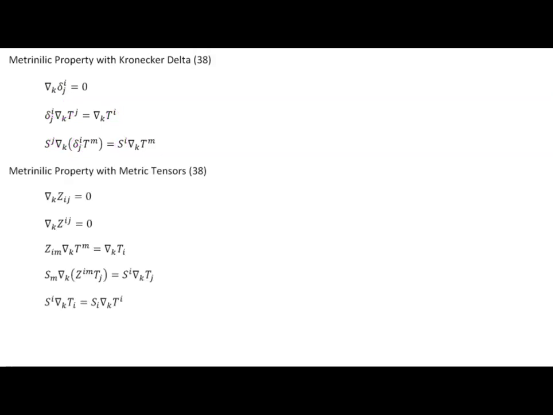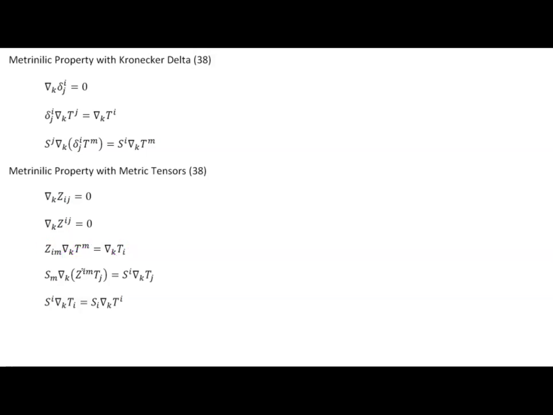Okay, next thing we did was to determine that the metrinilic property applies to both of our metric tensors. The covariant derivative of both the covariant and the contravariant metric tensors is equal to 0, and that again means that the operation kills these two objects and they can move in and out of the operation as if they were constants. That in turn means that this factor combined with this one can serve to lower the m index from m to i like this, even though the factors are on opposite sides of the covariant derivative operation.